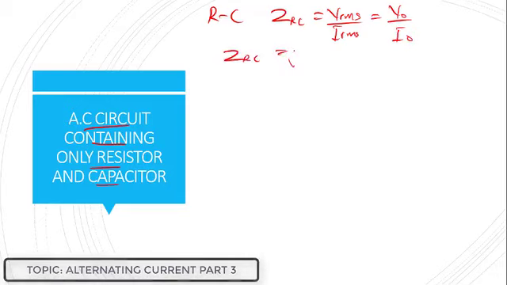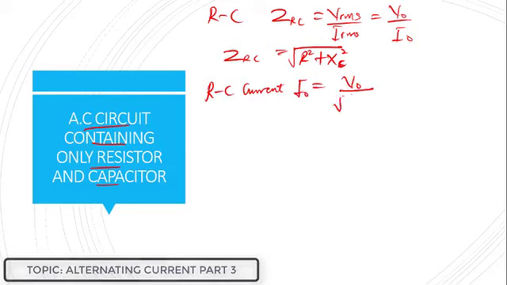Subsequently, the impedance is also given by the square root of the resistance squared plus the capacitive reactance squared, because we're talking about the capacitor and the resistor. And the RC current I, the peak value of the current, is given by the peak value of the voltage divided by the RC impedance.